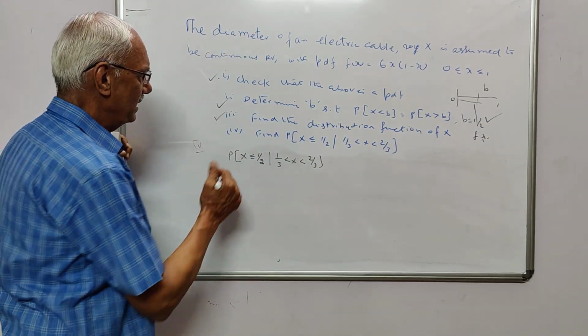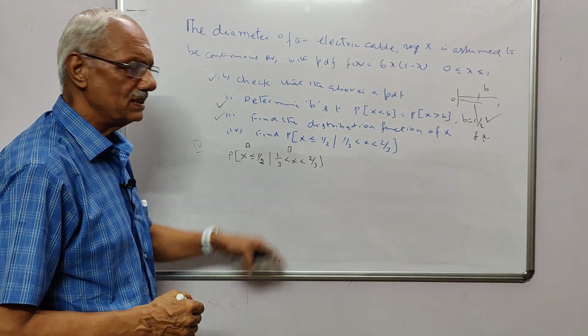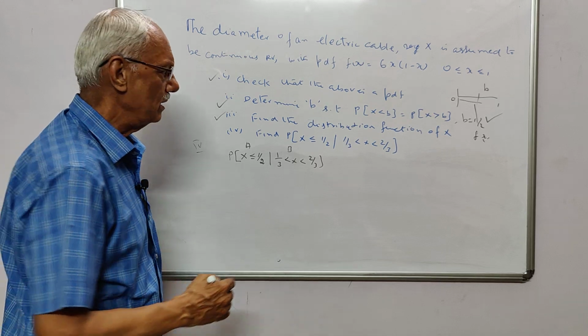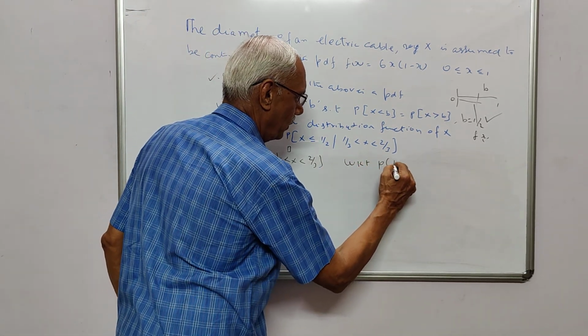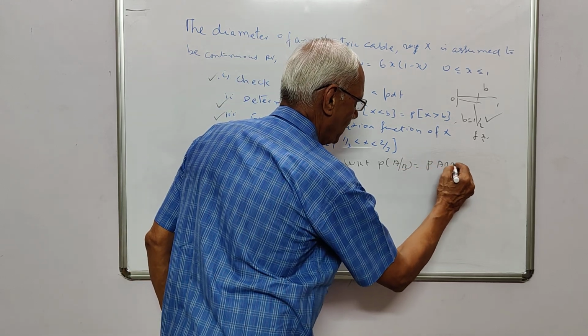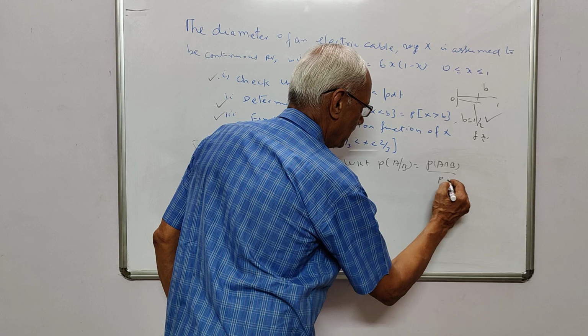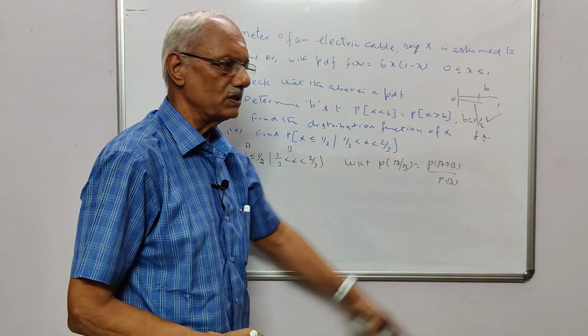If you take this as your A and this as your B, this is nothing but your conditional probability. We know that P of A given B is equal to P of A intersection B divided by P of B, provided this P of B is not equal to 0.